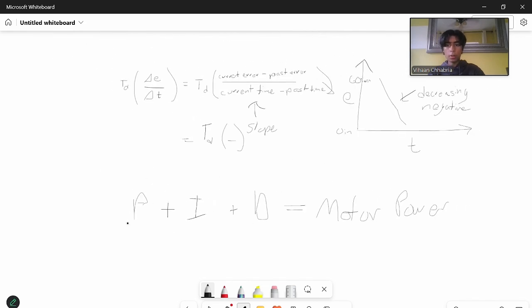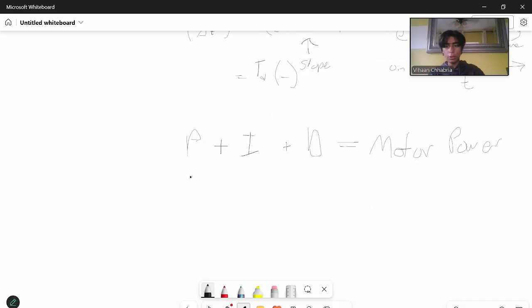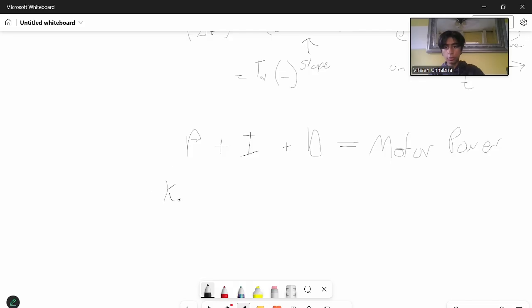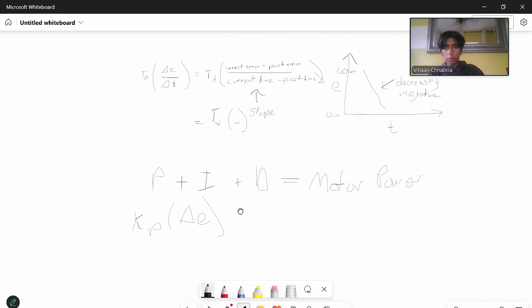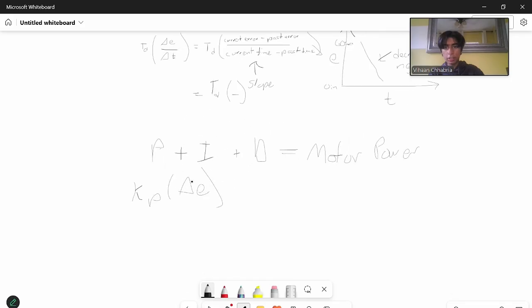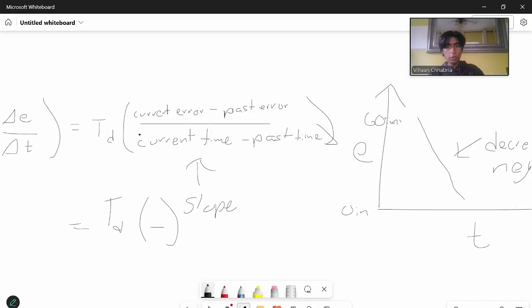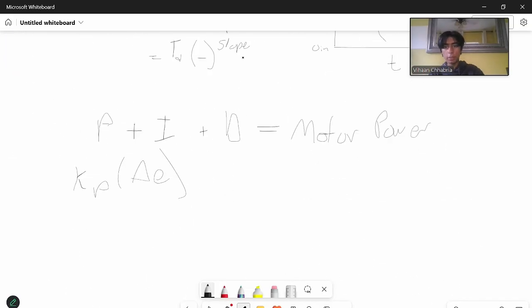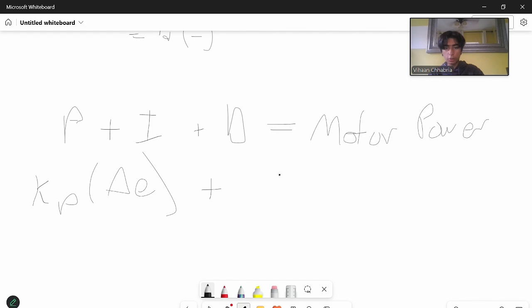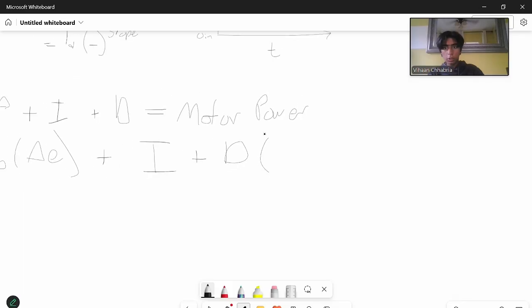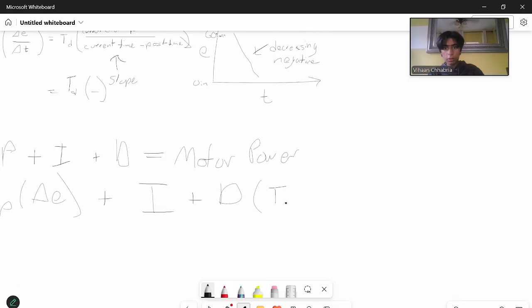So we have our linear P equation here, and again, the change in E in this linear equation is the same as what's described here, the current error minus the past error. So plus the I, which we'll talk about next, plus the D equation, which is this.